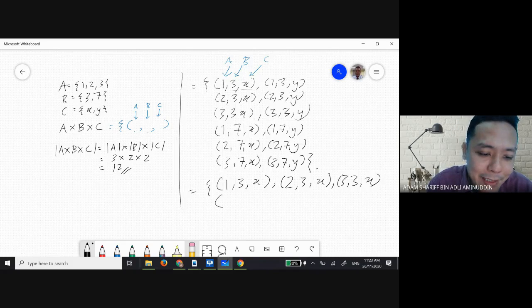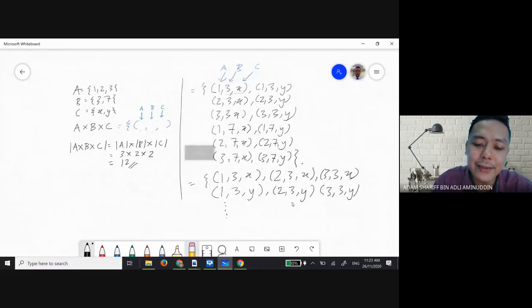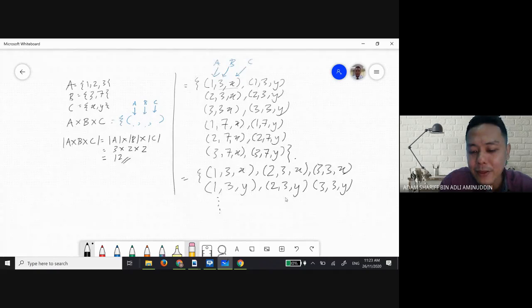Dia nampak macam ni. 1, 3X, 2, 3X, and 3, 3X. And then dia nampak 1, saya pening kat macam ni sebab saya tak suka order macam ni. Tapi tak apa, saya layan je. 1, 3X, 1, 3Y. Okay, dia buat 1, 3Y, 2, 3Y, 3, 3Y. If you get my idea, what I want to say is here, dia akan dapat jawapan akhirnya sama dengan saya at the end.